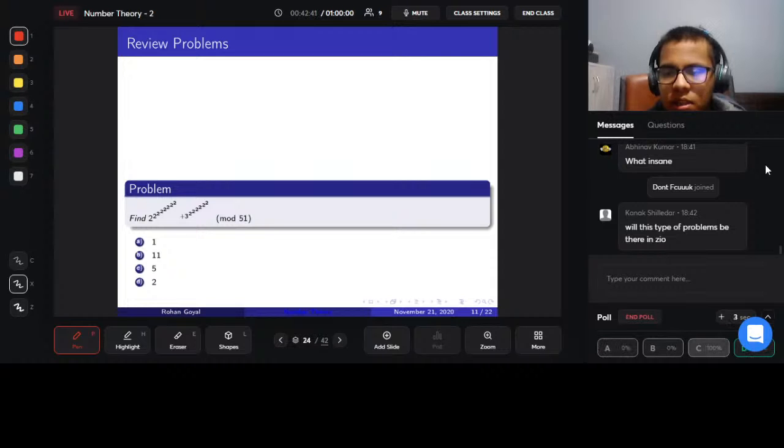This type of problem won't be there inside IO. This is just to show you how to use Euler's totient function, which may appear inside IO. Unless you are comfortable using it on these types of structures, it becomes harder to use it on more complex or other structures, because this tests your comfort with it.